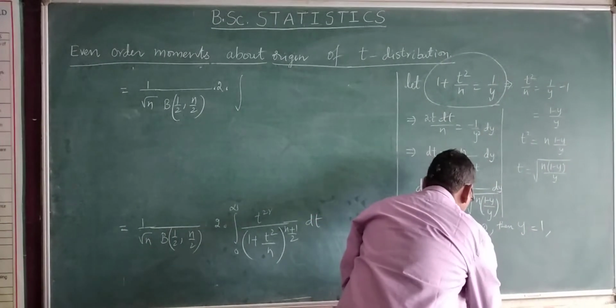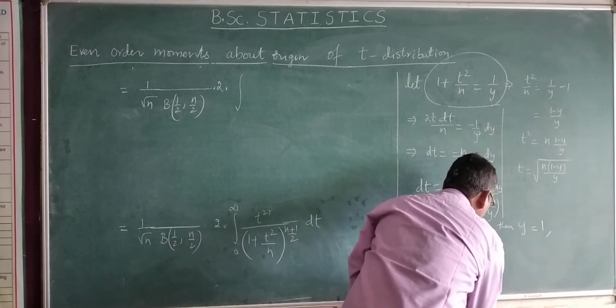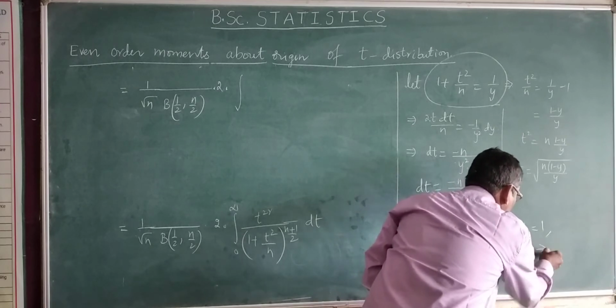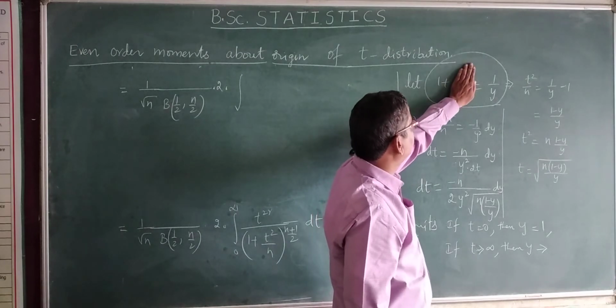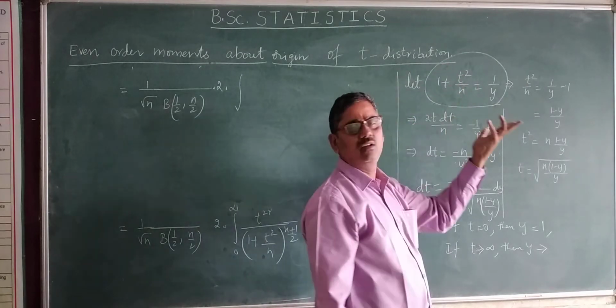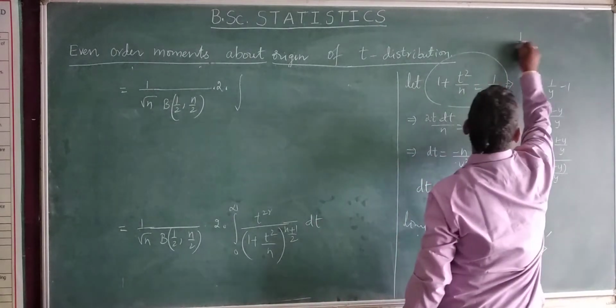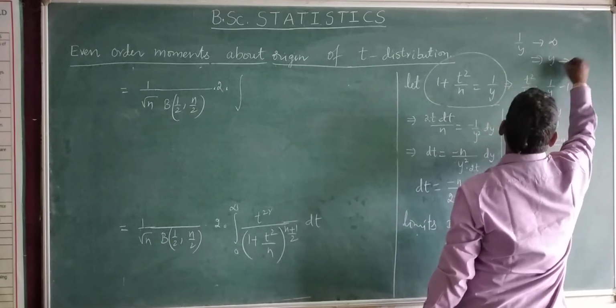And if t tends to infinity, then what is the value of y? If t tends to infinity, infinity square plus 1 is infinity, so 1 by y is infinity. 1 by y tending to infinity implies y tends to 0.